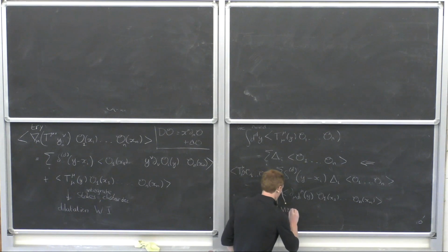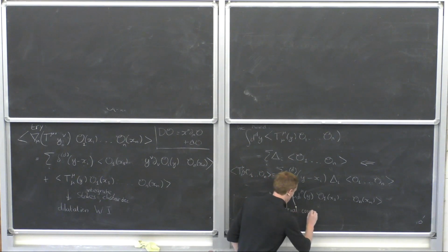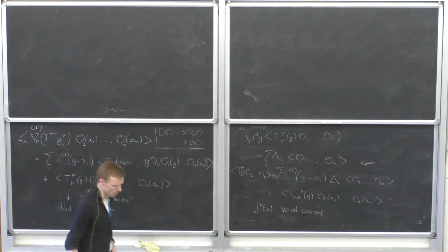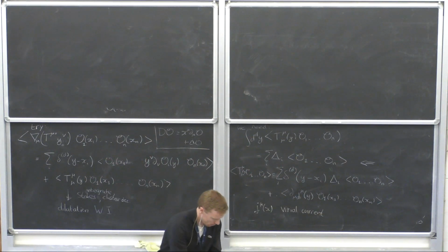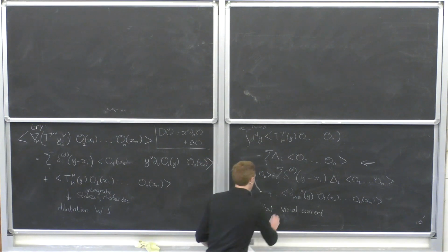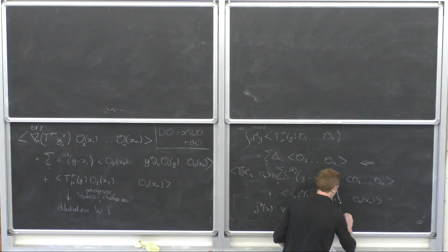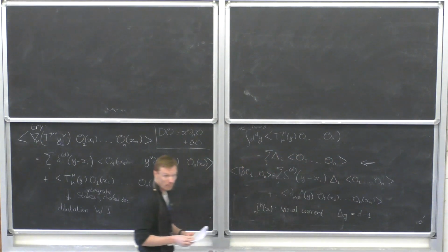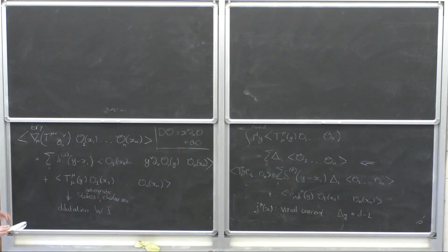If it exists, then it's called a virial current. Note that the scaling dimension of this virial current should be d minus 1, because its derivative should give you something of dimension d.